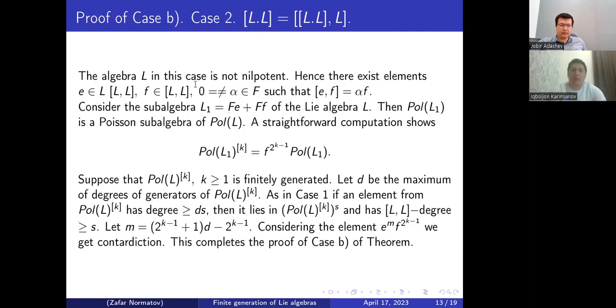Also, for that next case, the algebra is not important, just having the same.